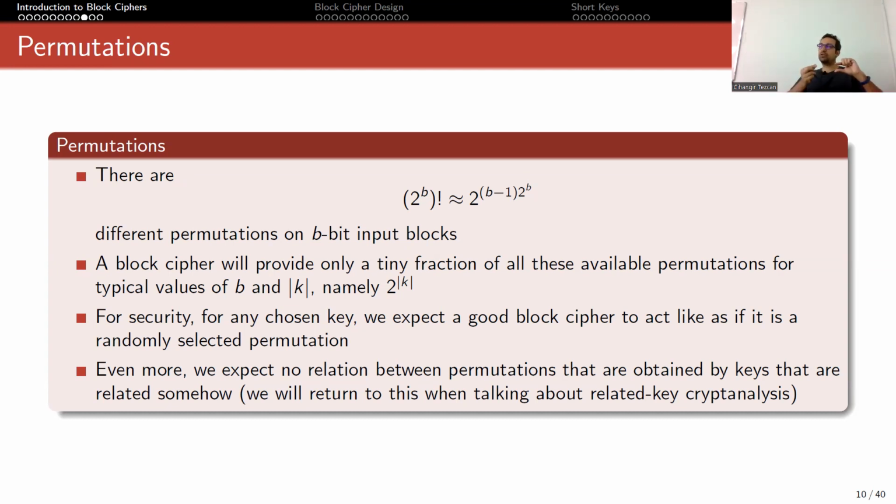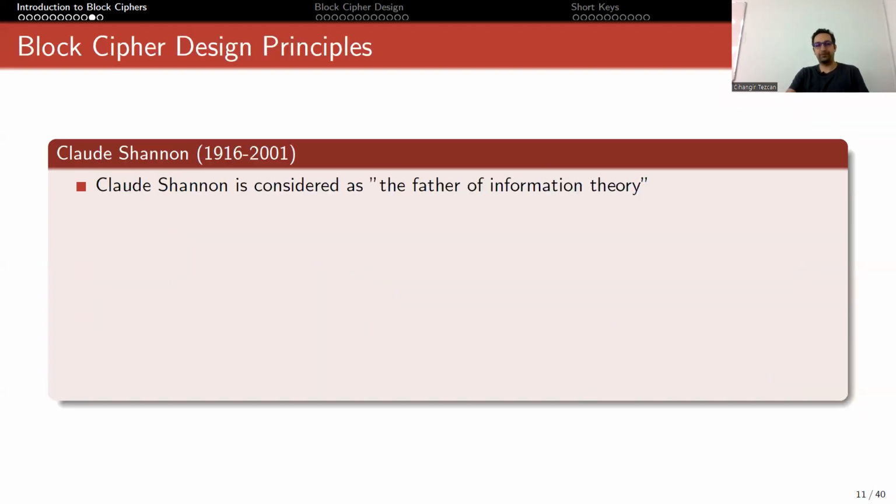If you make a small change to your secret key, maybe flipping the rightmost bit, let's say, then it will give you a completely different permutation. There shouldn't be a relation between these 2 cases, okay? That is the idea. And if there is such a relation, then we can perform a related key attack, which breaks the system, okay?